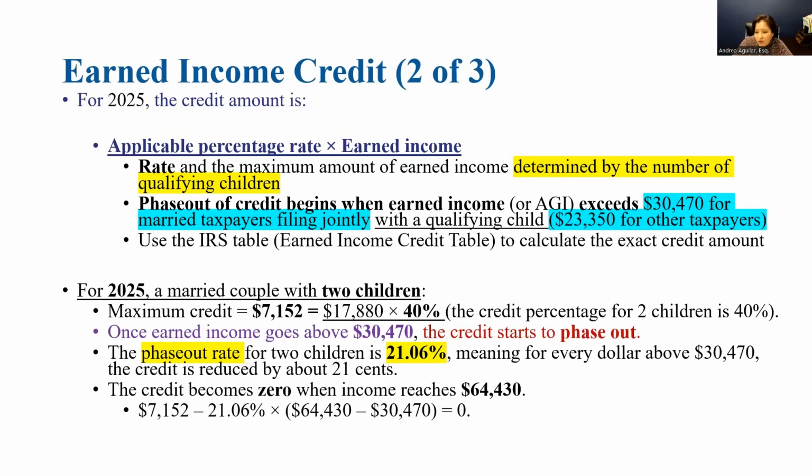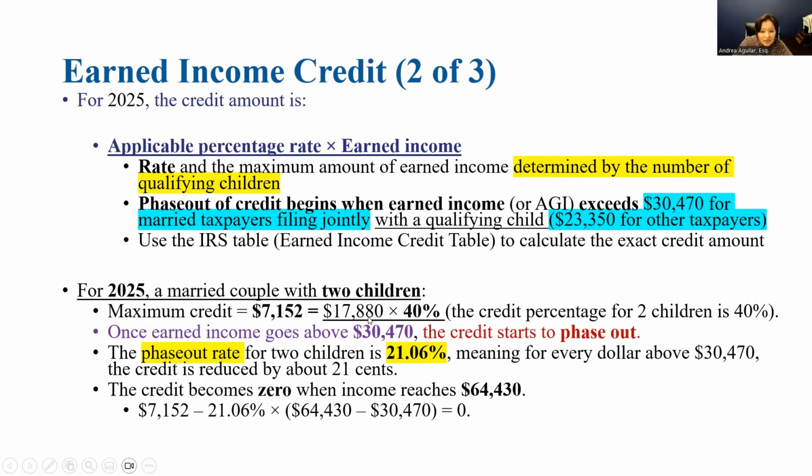For any other taxpayer, a head of household that is filing a tax return and has one qualifying child, the phase out base will be $23,350. So I'll show you a table in a second, but let's look at the formula to see how the phase out base applies.